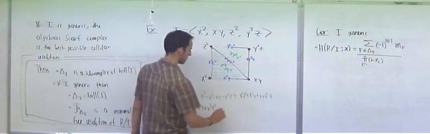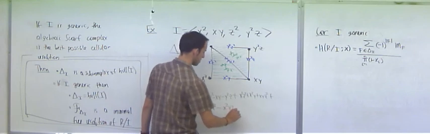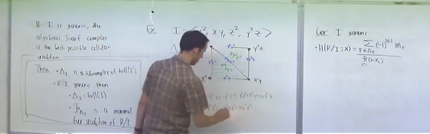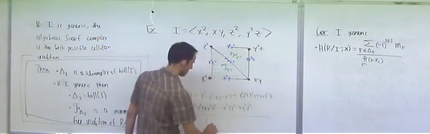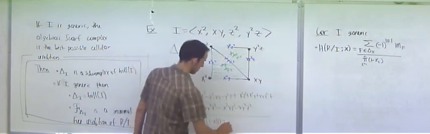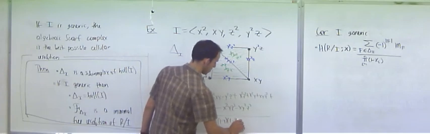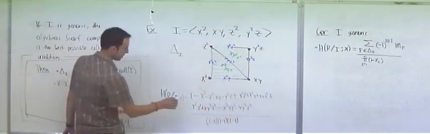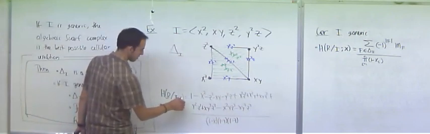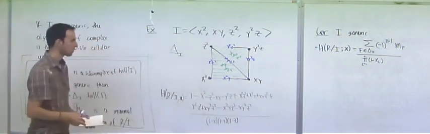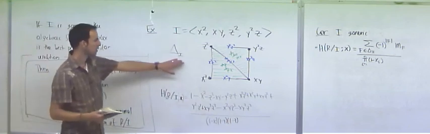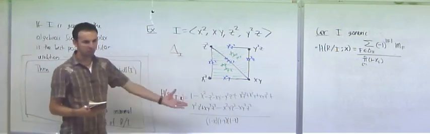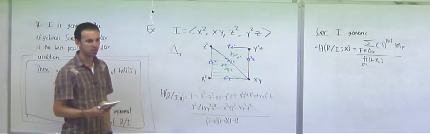And then you subtract the faces, the two-dimensional faces. And you take all of this and you divide by 1 minus x, 1 minus y, 1 minus z. So this is the fine Hilbert series of this ideal. Okay? Of course, the answer is long, but we know that fine Hilbert series are always long.